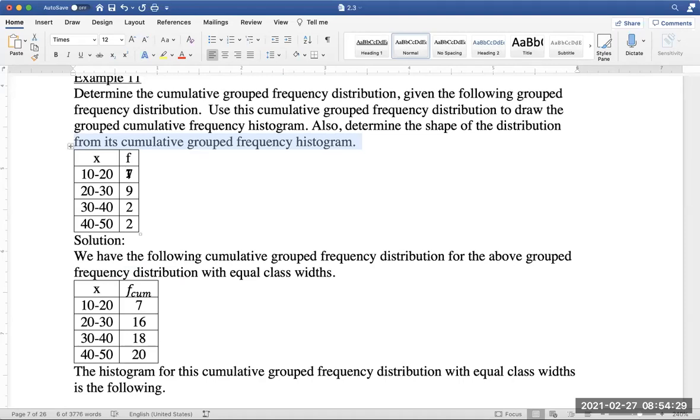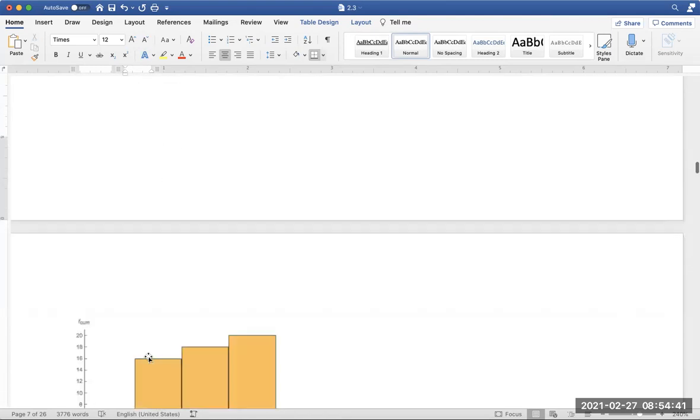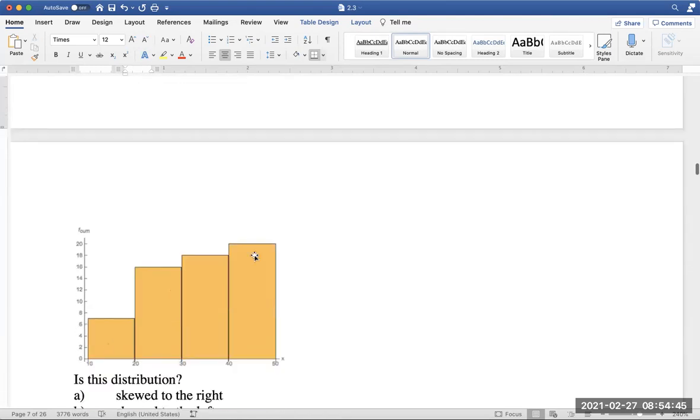So 7 plus 2, 16, plus 2, 18, plus 2, 20. And so 7, 16, 18, 20. So it looks like this. So this is my cumulative frequency distribution.